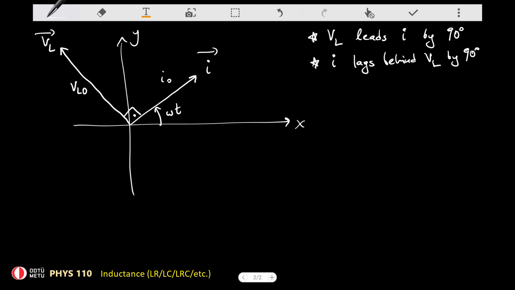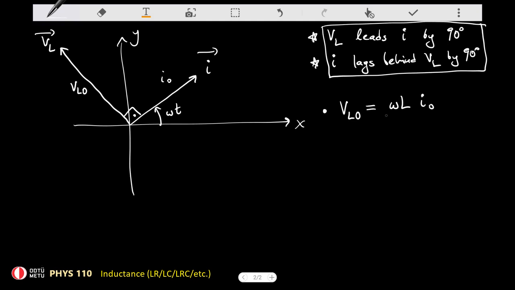So the phase information is important, so that's our first relationship. The second one is the relationship between the amplitude of the potential drop and the current. That's omega L times I0. We just call this quantity the inductive reactance.